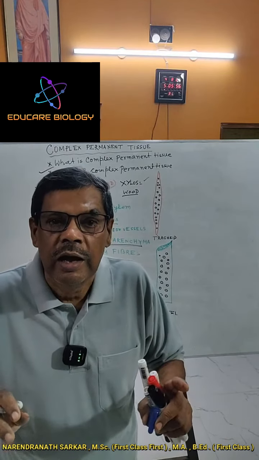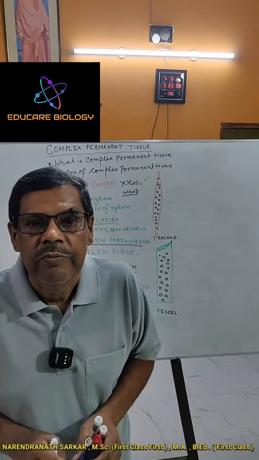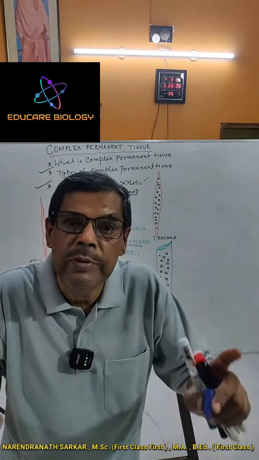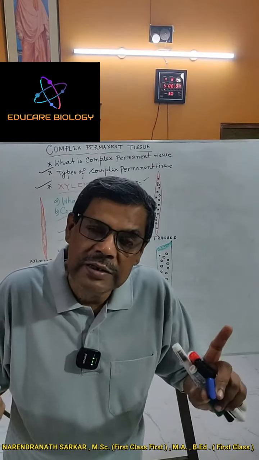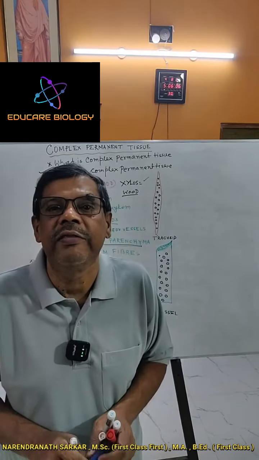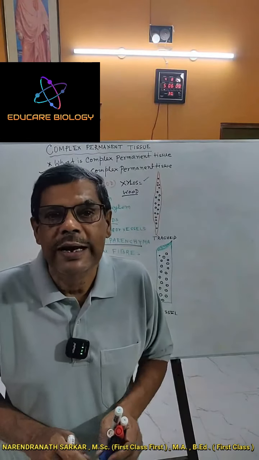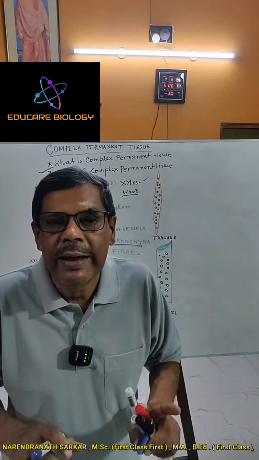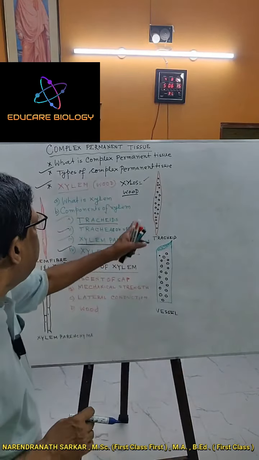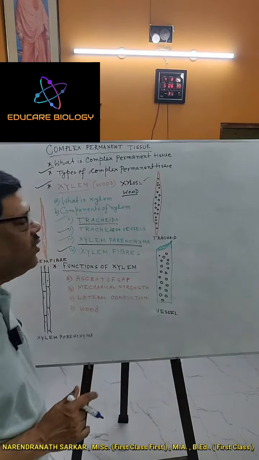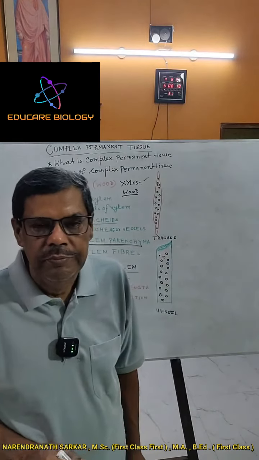In this water, nutrients are dissolved, so it may be called sap. Its other function is mechanical strength. So, conduction of sap and mechanical strength are the two functions of tracheids.